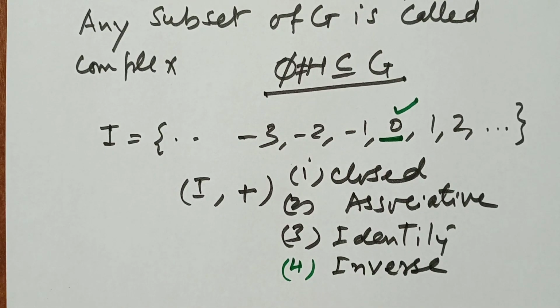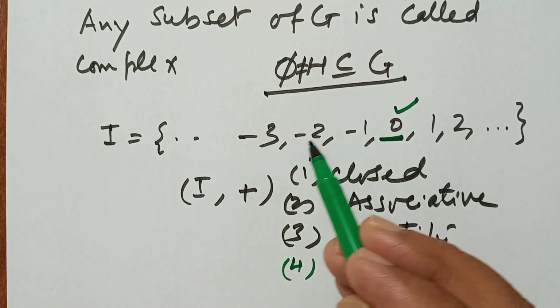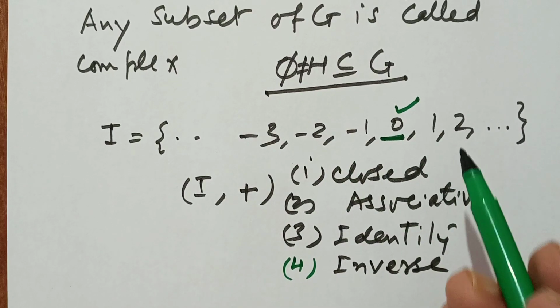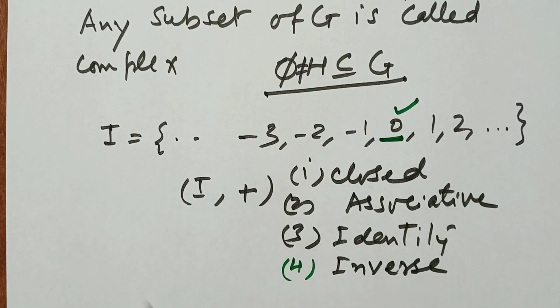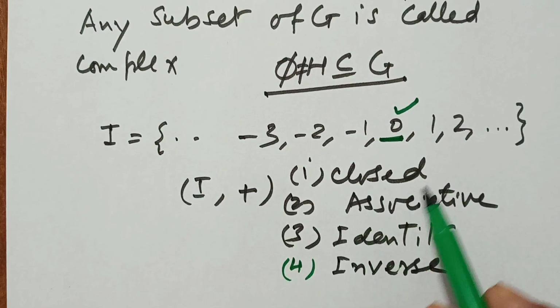Each element of I has its inverse: for 1, it is minus 1; for 2, minus 2; and similarly for minus 2, it is 2. So each element of I has its inverse. Since the set of integers satisfies all four properties, therefore (I, +) is a group.